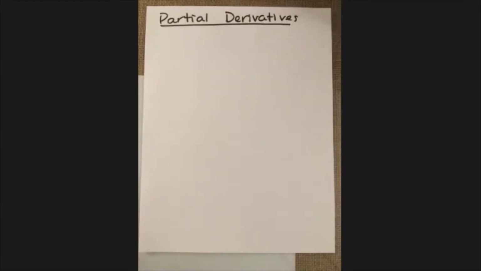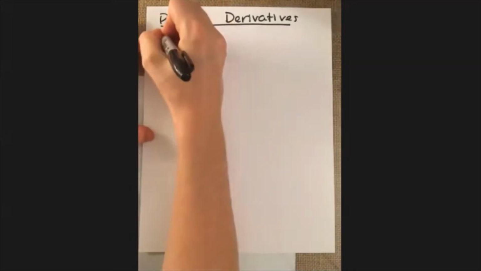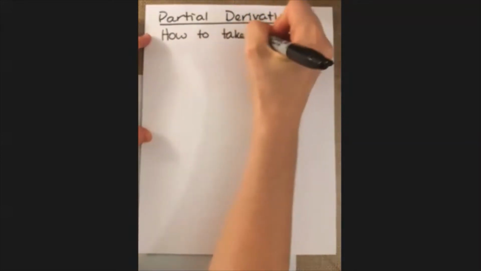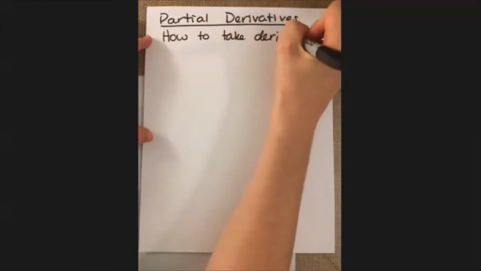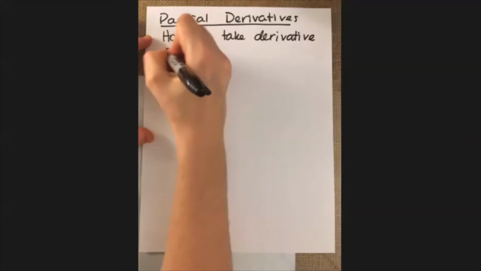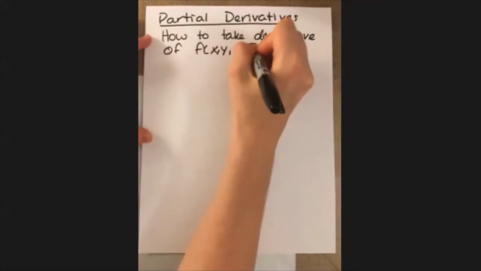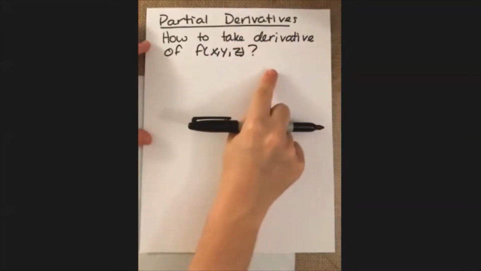Welcome back. Today we're going to talk about partial derivatives, which give us a way to take derivatives of functions that have multiple input variables. So how to take the derivative of a function that looks like f of x, y, z when we have multiple inputs there.